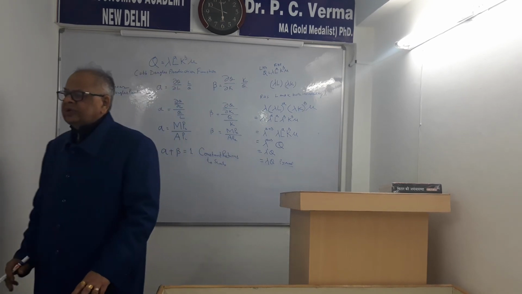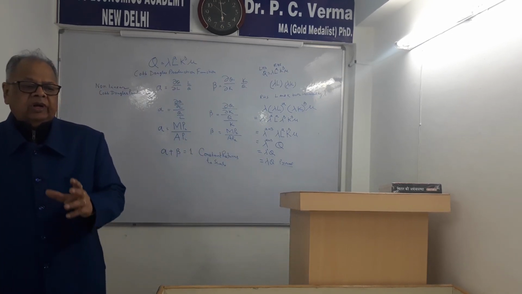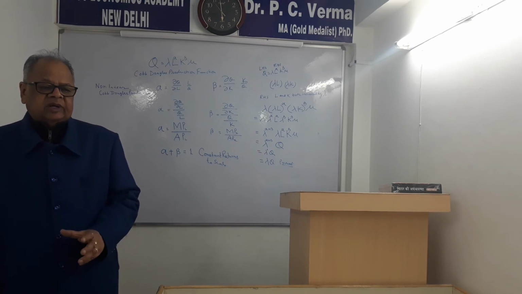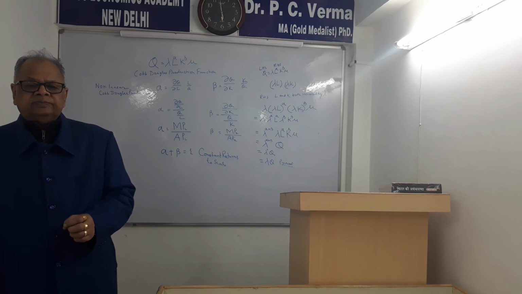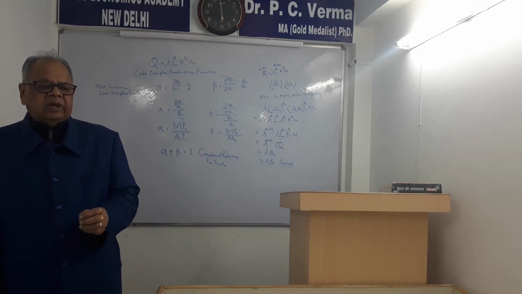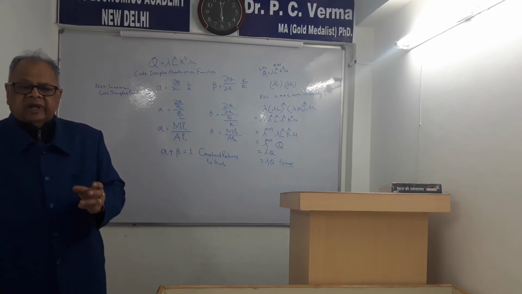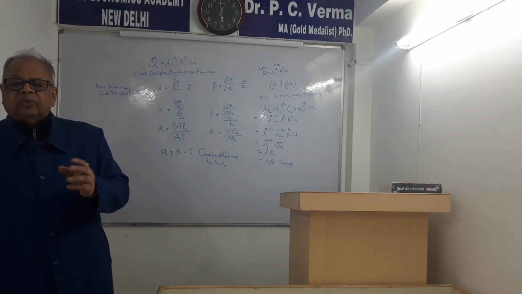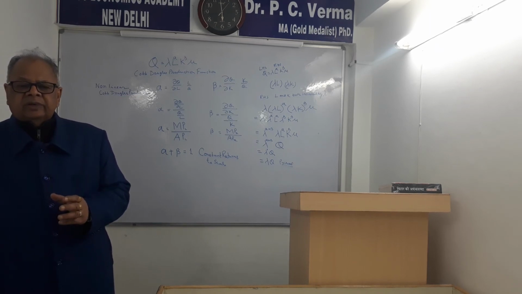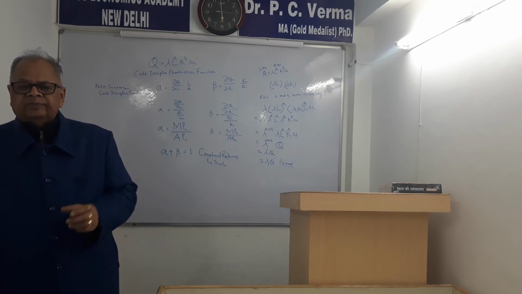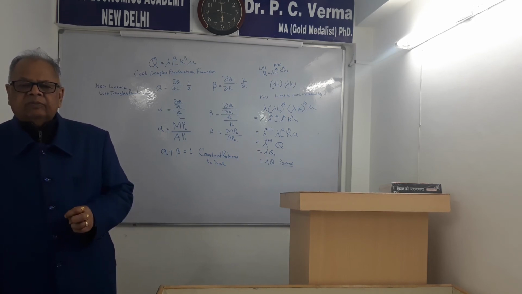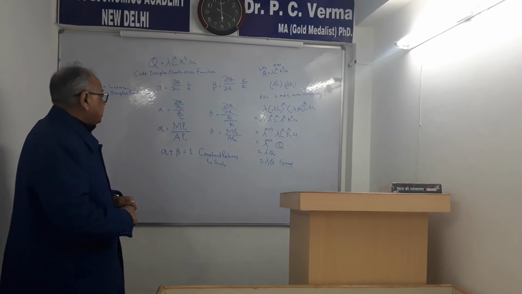Cobb-Douglas production function is a non-linear production function, but that can be made a linear production function by using logarithm.